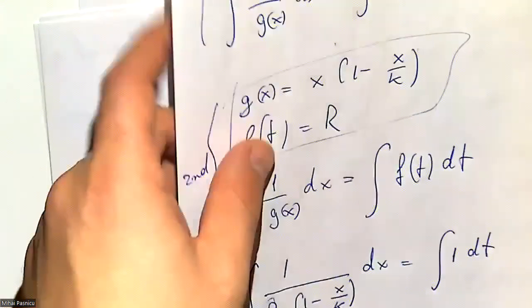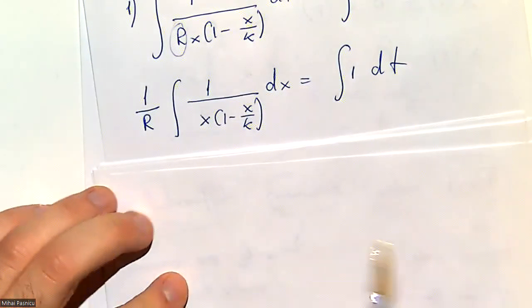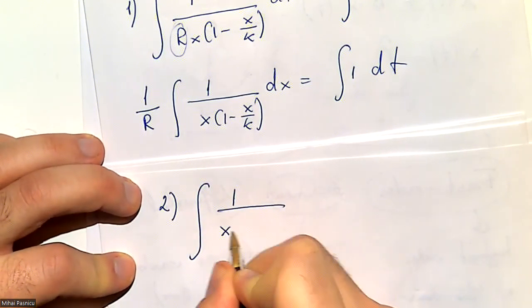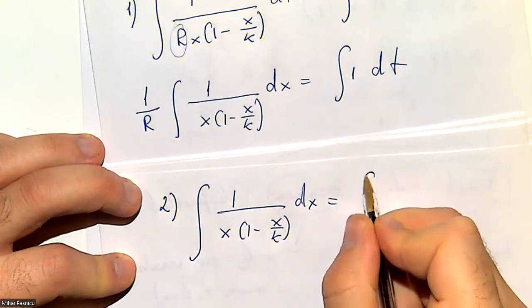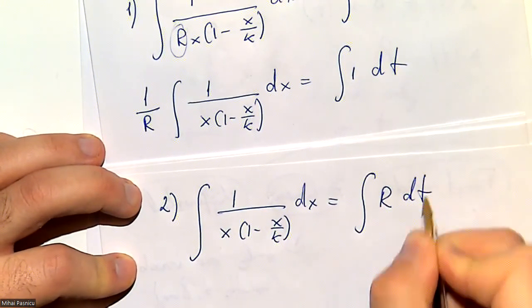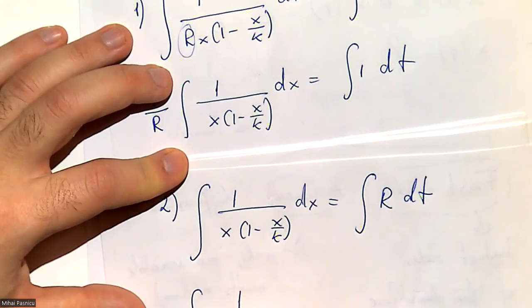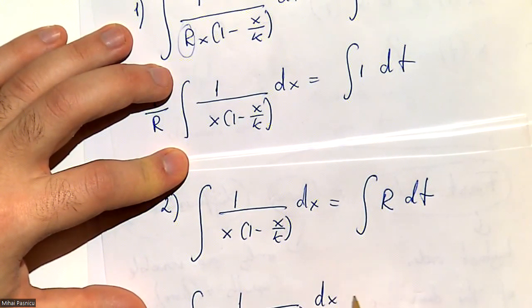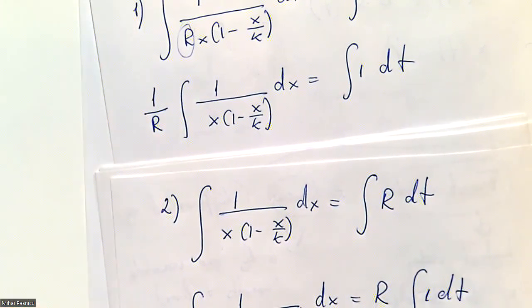In the second case, it would just be the integral of 1 over x (1 minus x over k) dx equals the integral of r dt. Now I can just put the r in front. I get the integral of 1 over x (1 minus x over k) dx equals r times the integral of 1 dt.